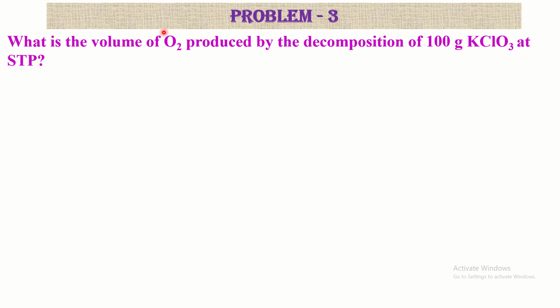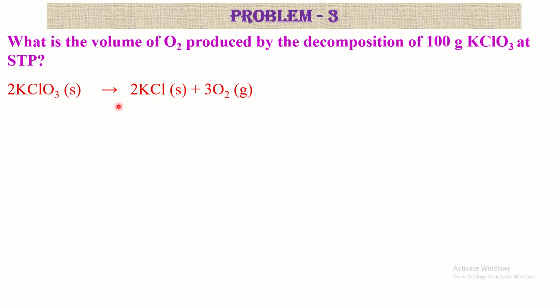You have to find the volume of oxygen, not the mass of oxygen. So at first write down the decomposition reaction of potassium chlorate. Potassium chlorate is decomposed to produce potassium chloride and oxygen. Balance the reaction. 2 mole potassium chlorate is decomposed to produce 2 mole potassium chloride and 3 mole oxygen.